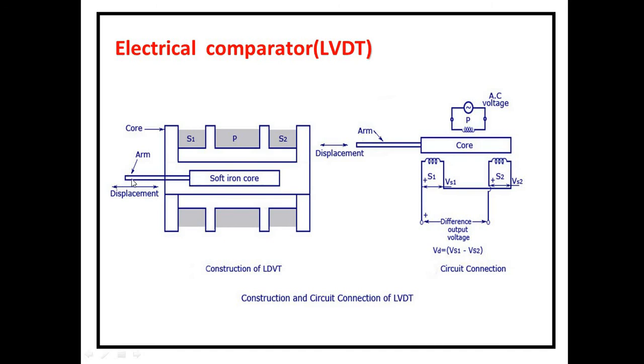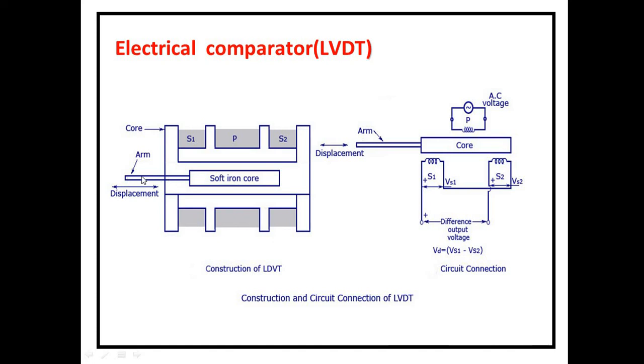Suppose you want to measure the dimension of a component. First place the master here, which will be the ideal condition, and then replace the master component by the component to be checked. Due to the difference between the dimension of the master component and the actual component, this core will move. So the input signal is nothing but the displacement.